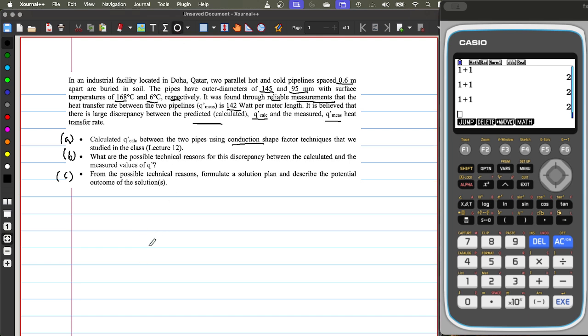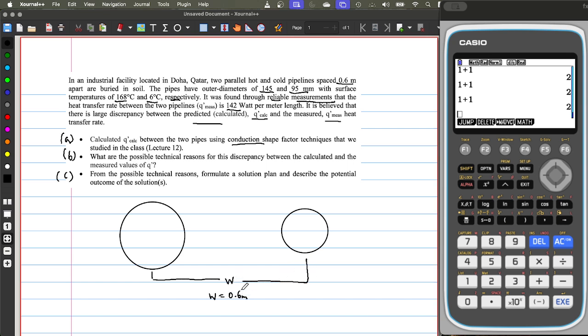So we can draw, for example, a pipe and then a smaller pipe. So the distance between the centers, W, is 0.6 meters. Now the diameter of this circle, D2, is 0.095 meters.